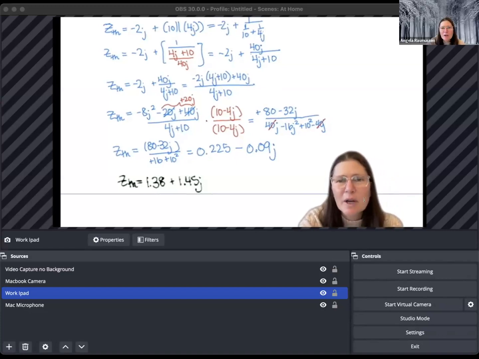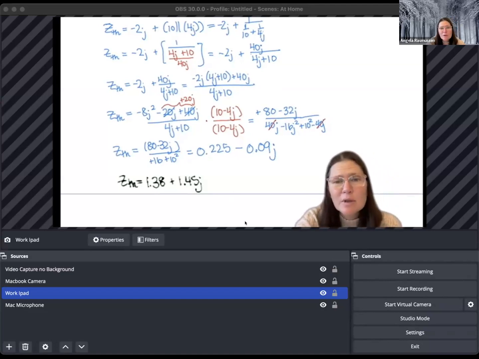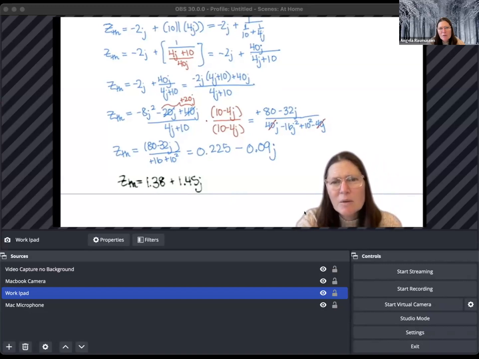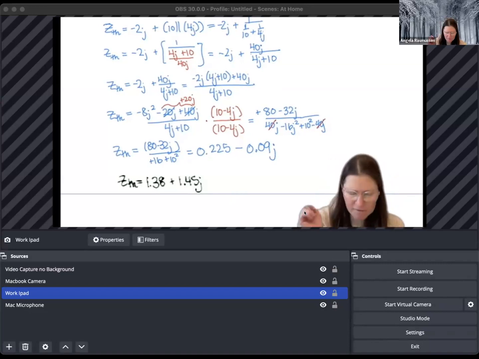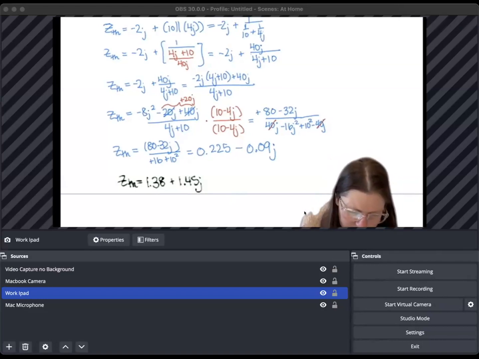I used Wolfram. I did minus 2J plus 1 over 10 plus 1 over 4J. This is what it ended up saying. I used the TI-84 calculator if you want to try that out.